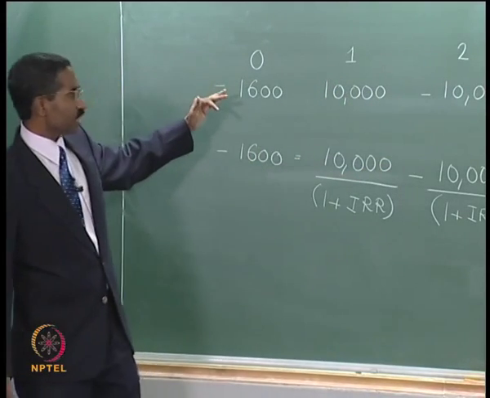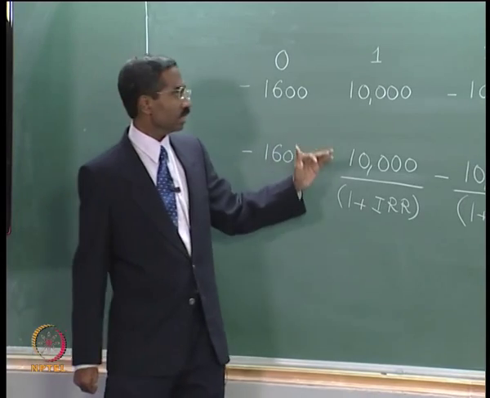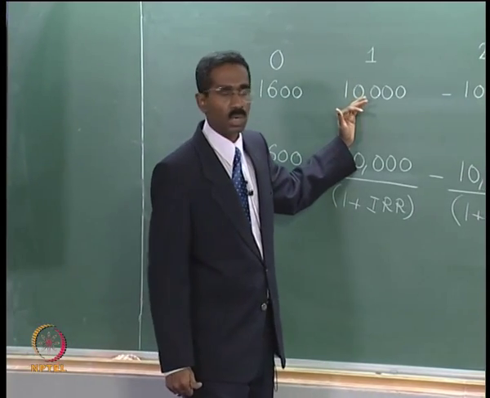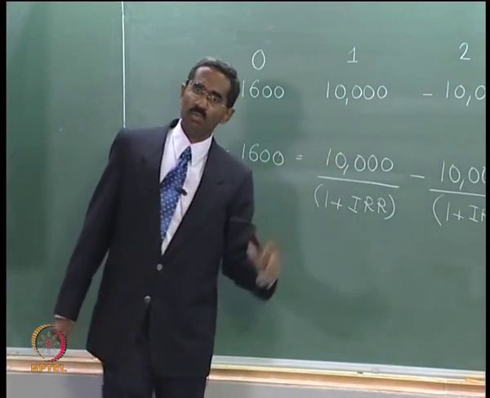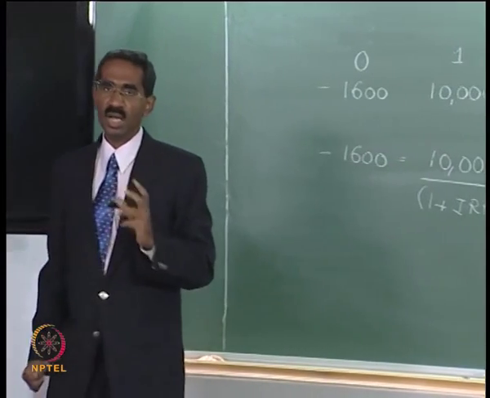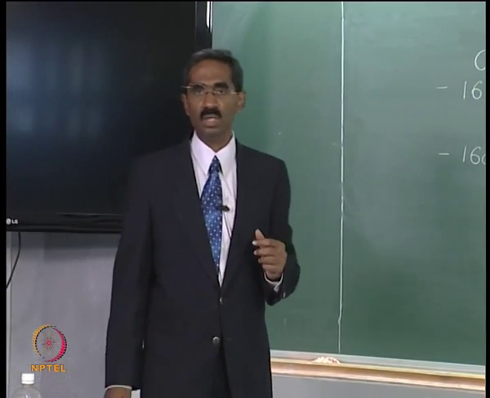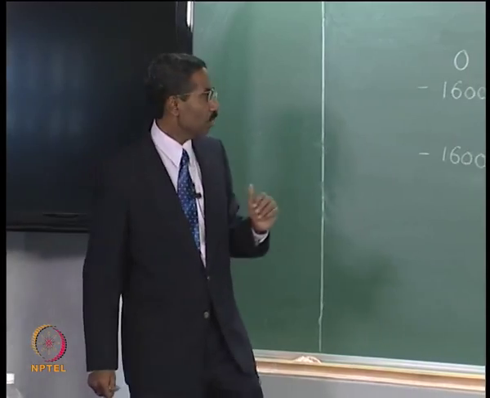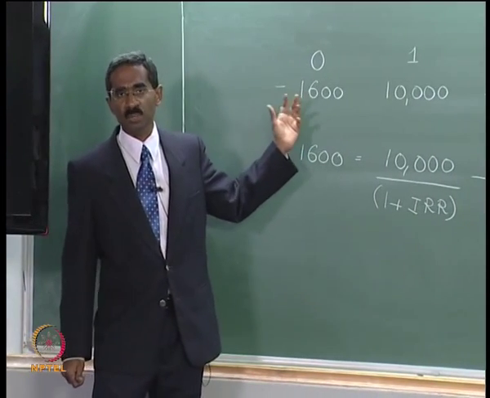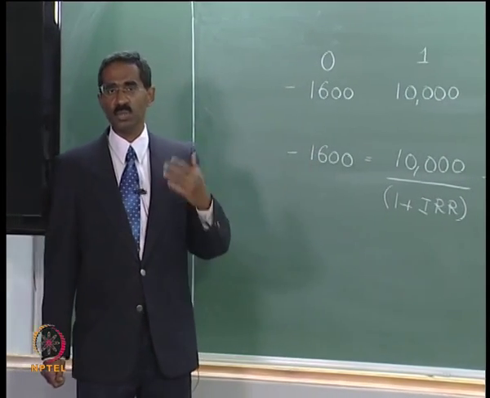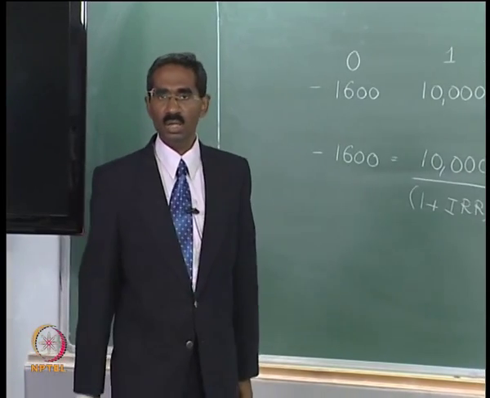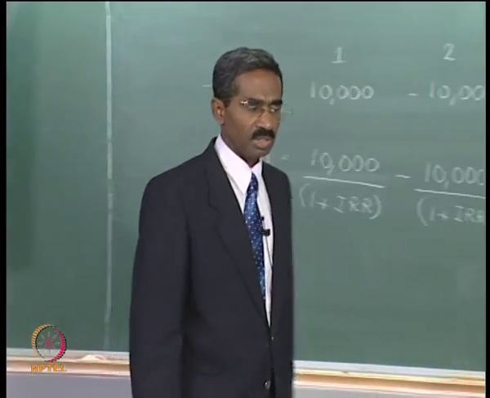So there is one sign change from year 0 to 1, and then another from year 1 to year 2. When you have more than one sign change in the cash flows, then IRR does not exist. So we have to be very clear about the pattern of the cash flows before we decide to deploy the IRR method for capital budgeting decisions.